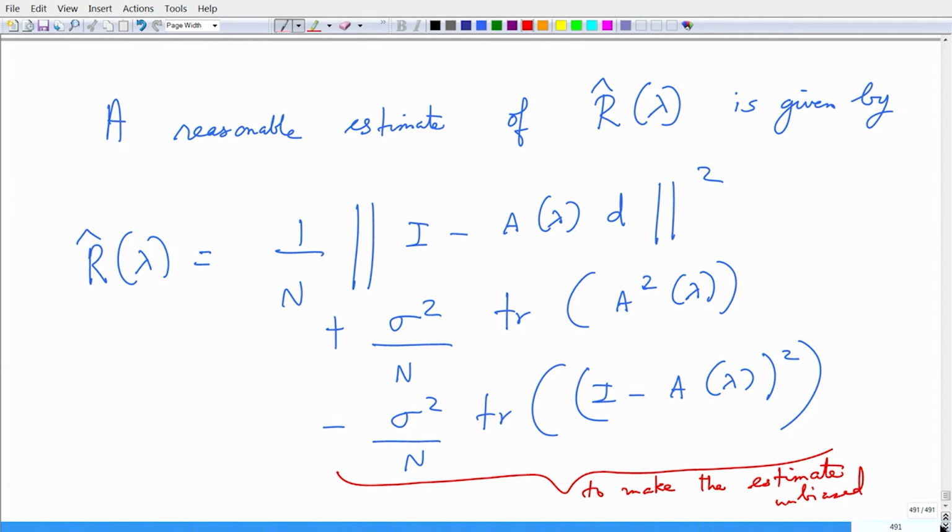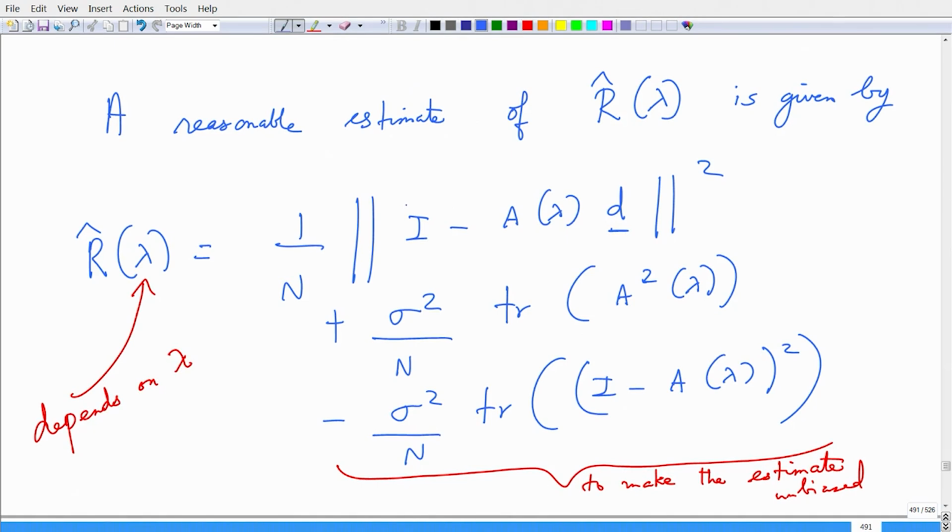Now, if you observe this equation, what we have is the estimate r lambda depends on the regularization parameter lambda, right. So, this depends on lambda. We missed this brace here, so just to put the braces back again.